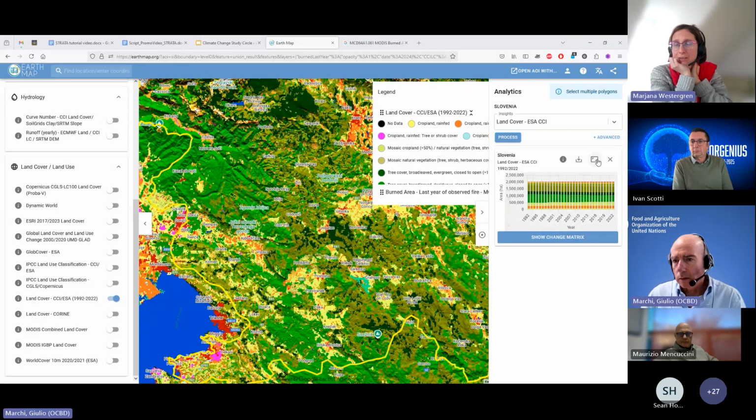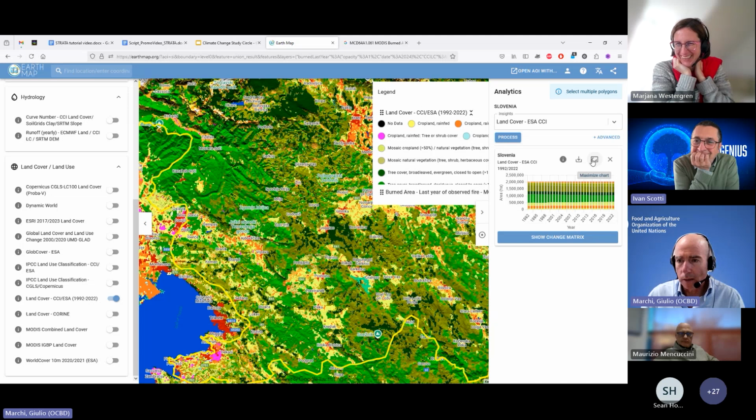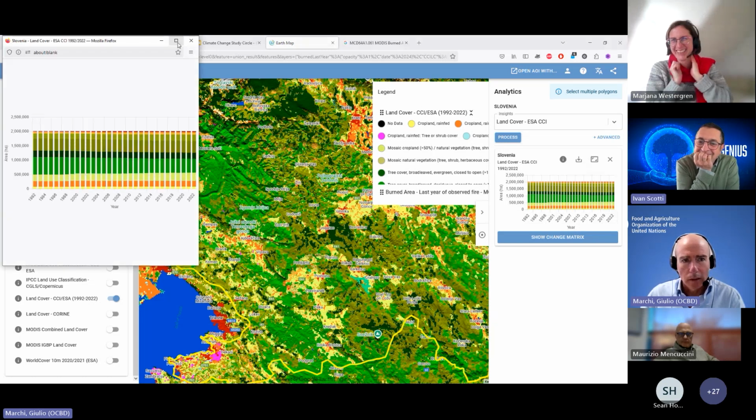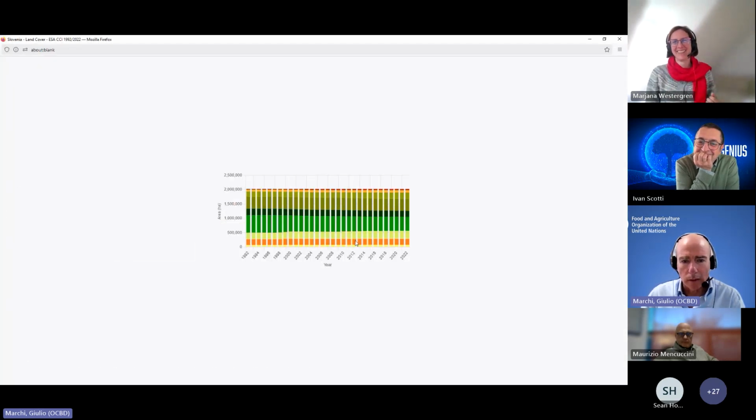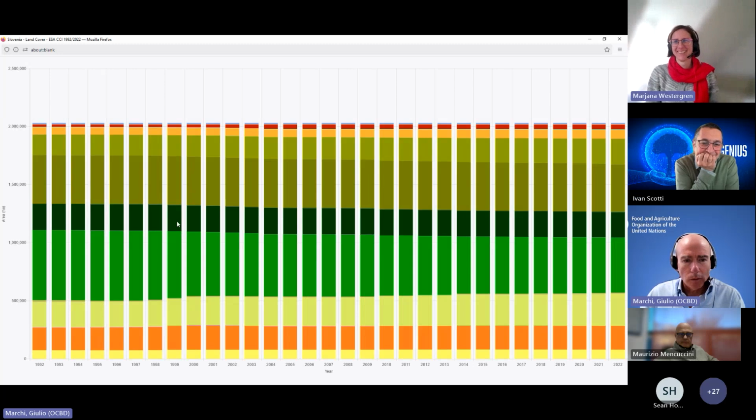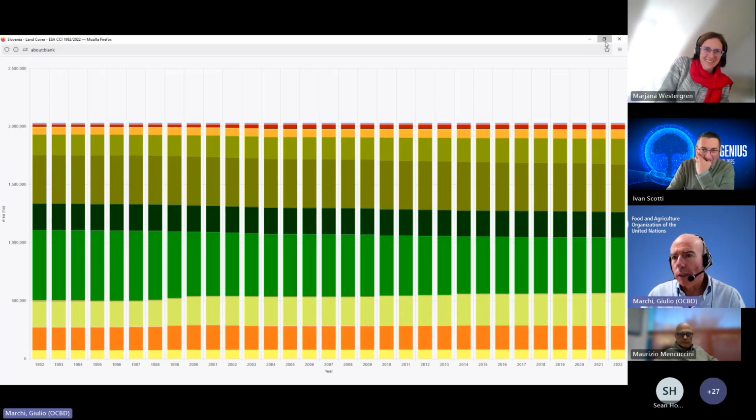Oh, it's pretty fast. Yes, it depends. If you do this for Canada or Chile, maybe it will not be as fast as this, but somewhere in between.